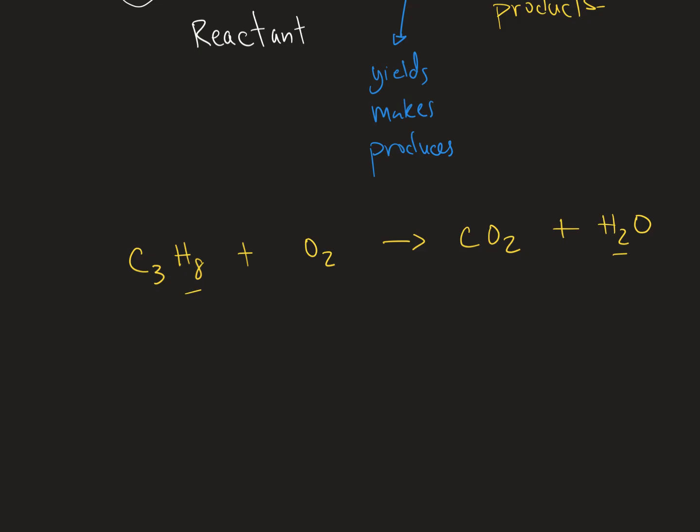Now, an unbalanced equation is like the ingredient list. You guys ever try to make, what's your favorite cookie? Anybody like Oreo cookies? Maybe not your favorite, but you ever try making Oreo cookies? Well, all you have to do is look at the ingredient list, is that right? No, right? You have to be a magic chef to do that.